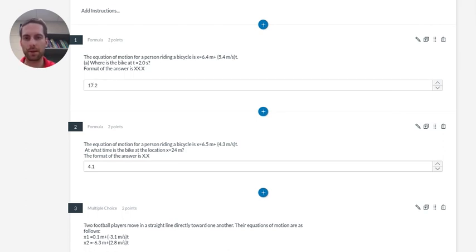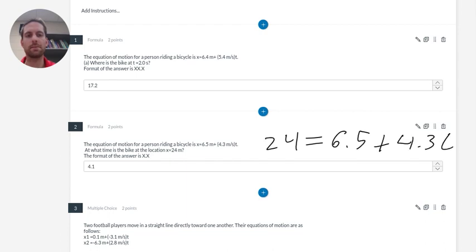Our second one, at what time is the bike at this location? 24. We just plug in the value for x. X is 24, well then we plug it in. 24 equals 6.5 plus 4.3 times the time. So from here, we subtract 6.5 from both sides.